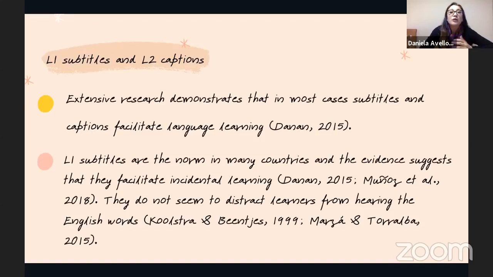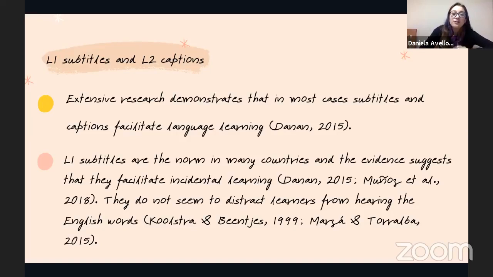When comparing L1 and L2 subtitles or L2 captions, there are different factors that should be considered so as to determine whether L1 or L2 subtitles are most suitable for each specific context. It is important to say that extensive research demonstrates that in most cases, subtitles and captions facilitate language learning.